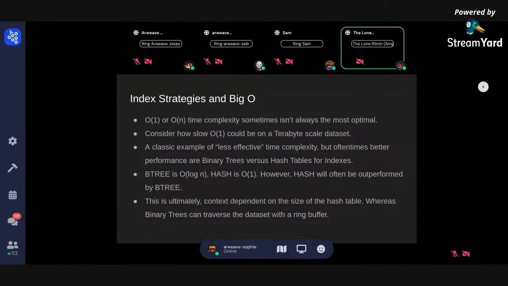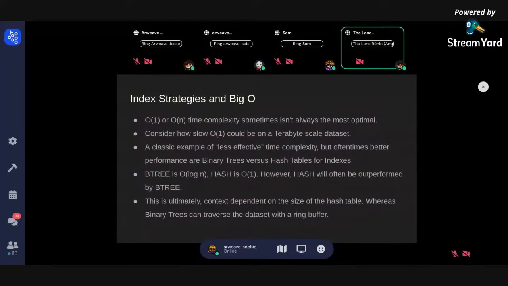A really good analogy for why you have to consider things other than time complexity is the difference between binary trees and hash tables. In Postgres, there's the B-tree and the hash indexing strategy. Usually the B-tree is going to outperform the hash, because it depends on the size of the hash table.